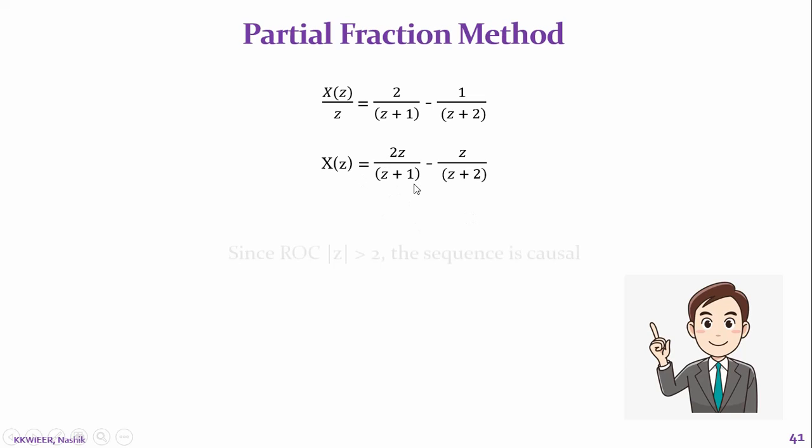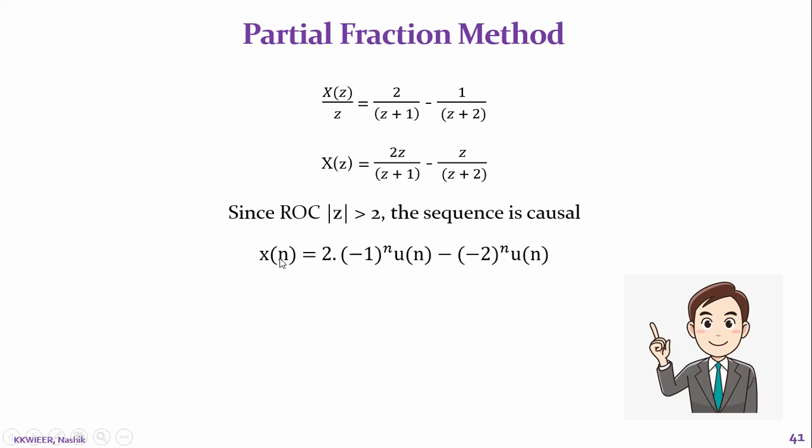So that's why x of z will be 2z upon z plus 1 minus z upon z plus 2. Since the ROC is mod z greater than 2, this sequence is causal. So x of n can be written as 2 into minus 1 raised to n u of n minus 2 raised to n u of n.